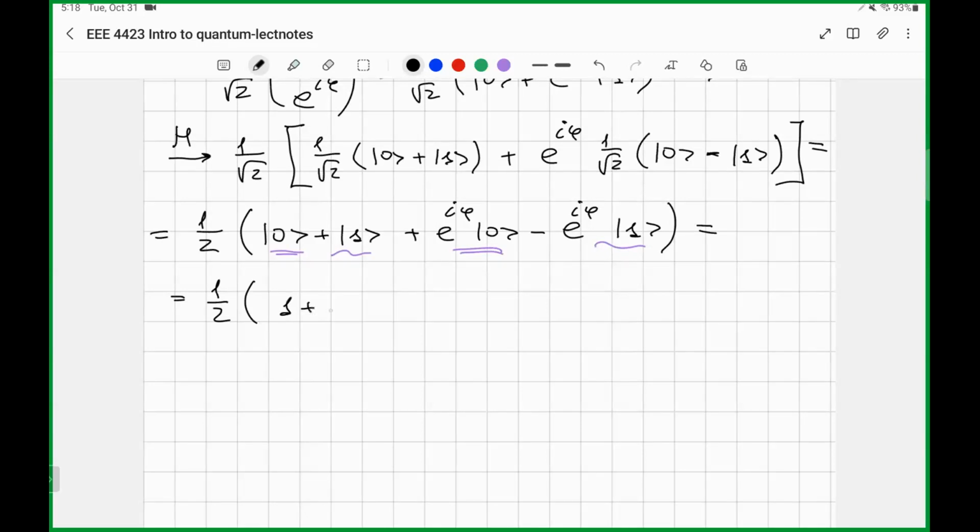Then I group the state 0 and state 1 terms: 1 plus e to the power of i phi state 0 plus 1 minus e to the power of i phi state 1.